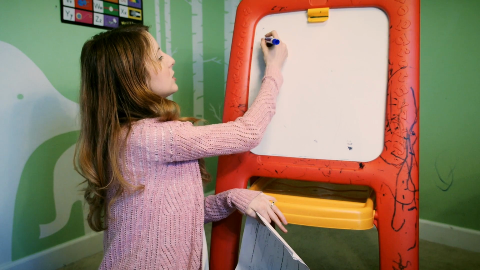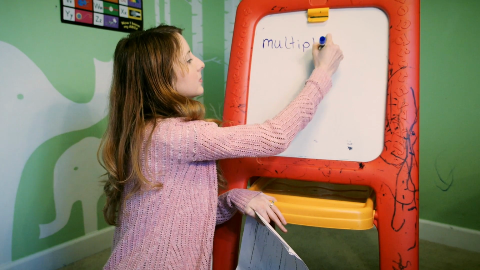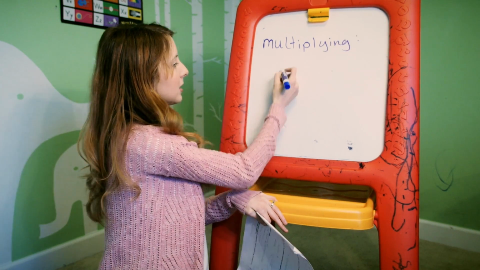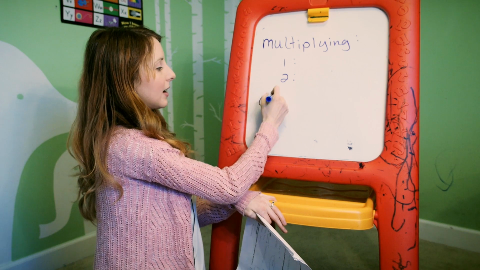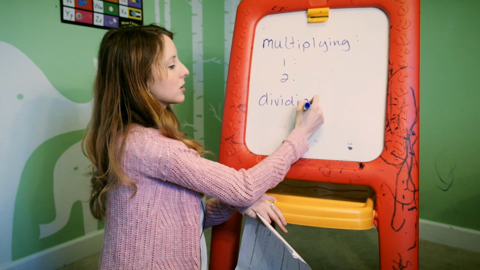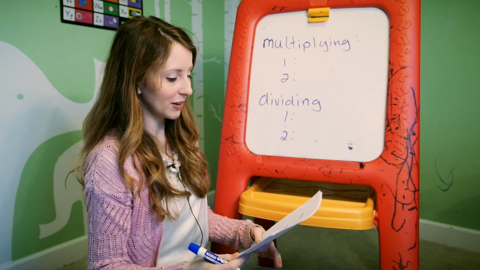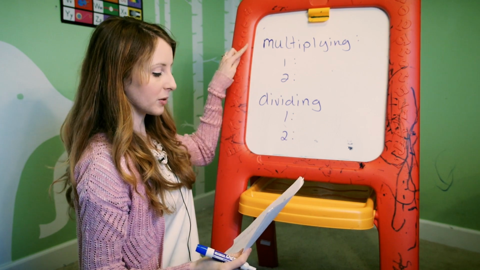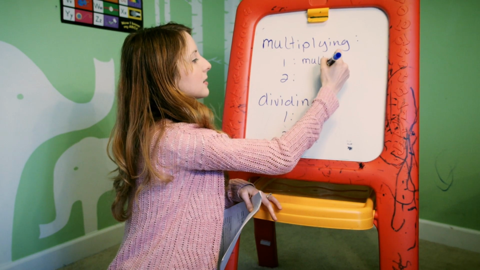If you're going to be multiplying, two steps to follow. And if you're going to be dividing numbers in scientific notation, there are also two steps to follow. The first step when multiplying would be to multiply the constants.